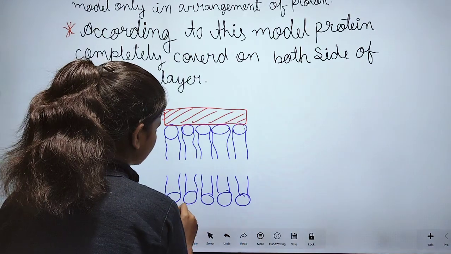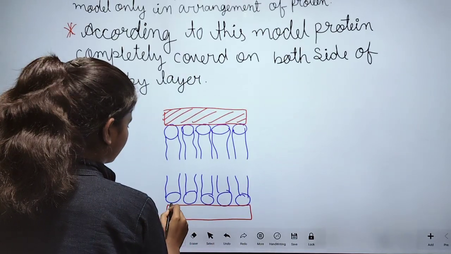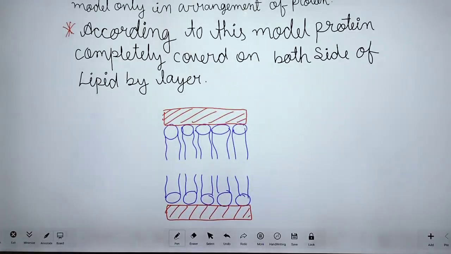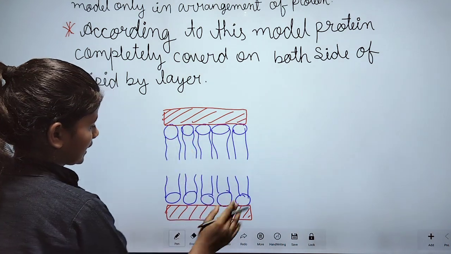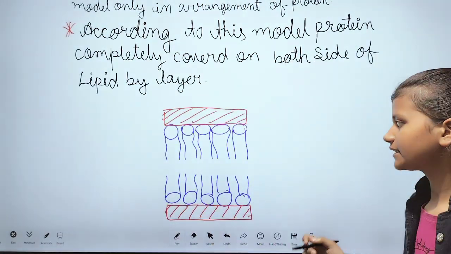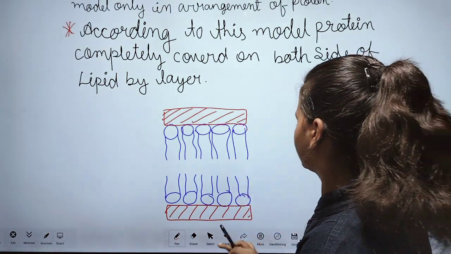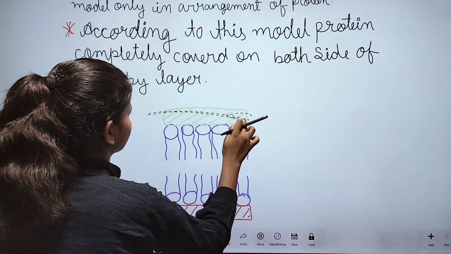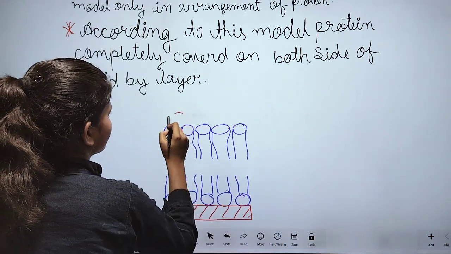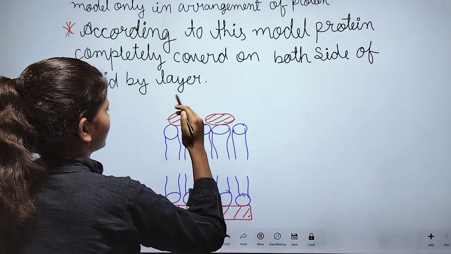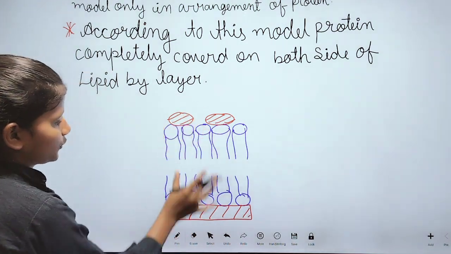This layer is the protein layer. It completely covers both sides. You can see here, completely covered. But in a trilamellar model, this type of protein is present on both sides.